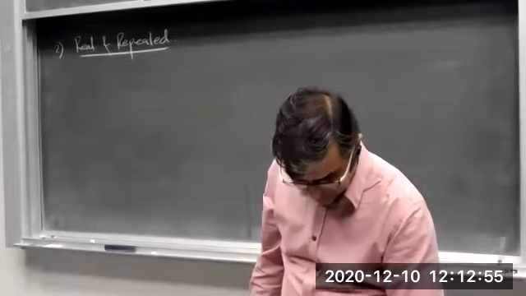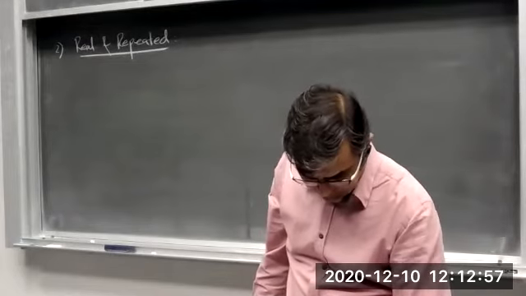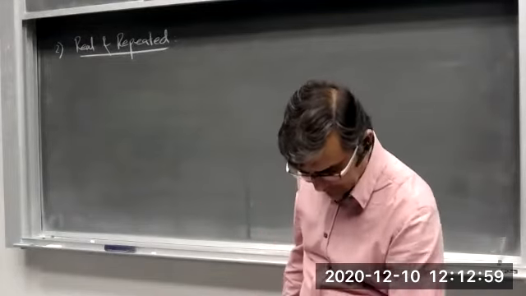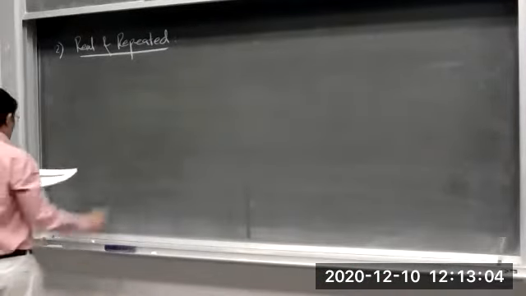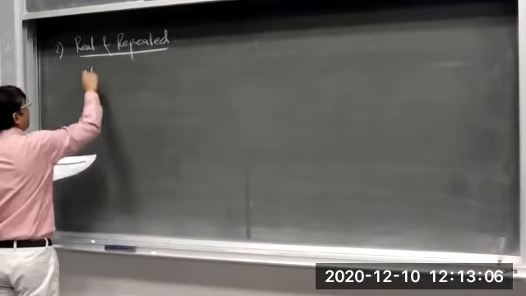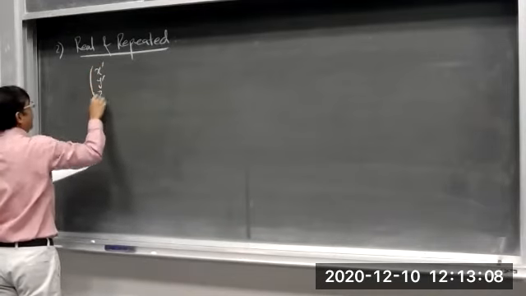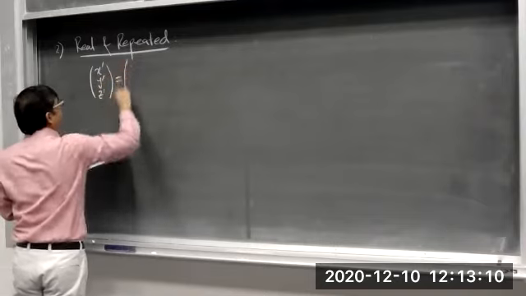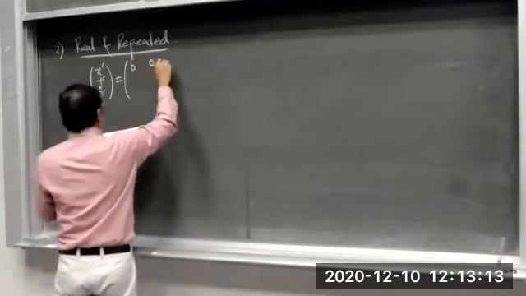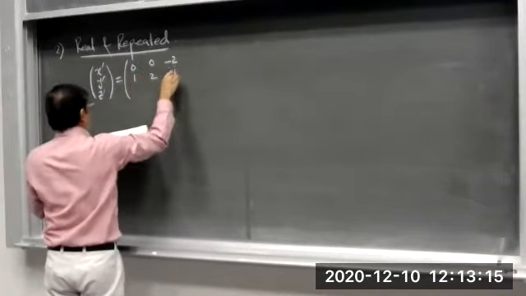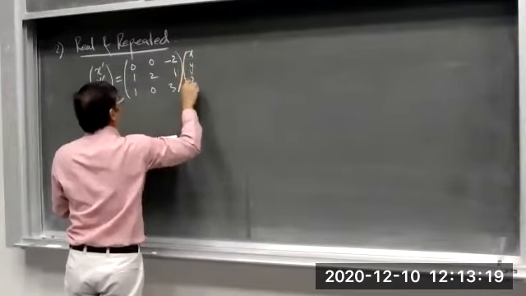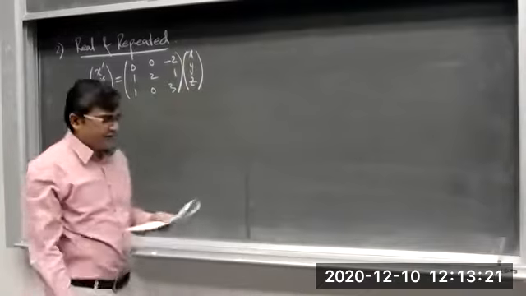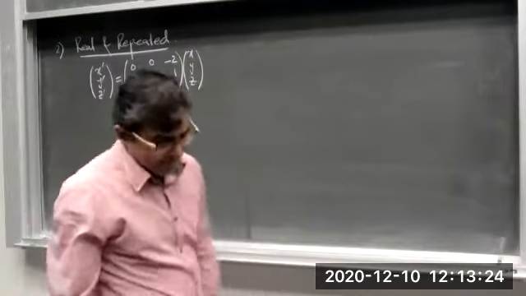As an example of this, let me take this example: y', z' is 0, 0, -2, 1, 2, 1, 1, 0, 3 times x, y, z. It's a 3x3 system.